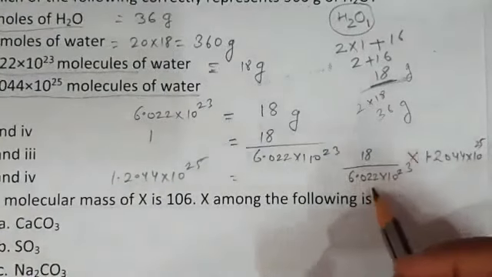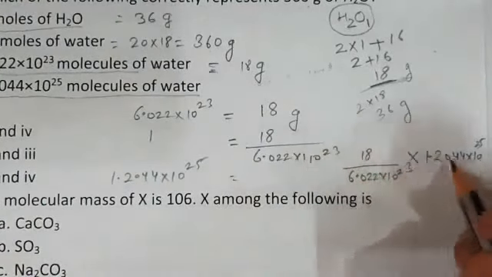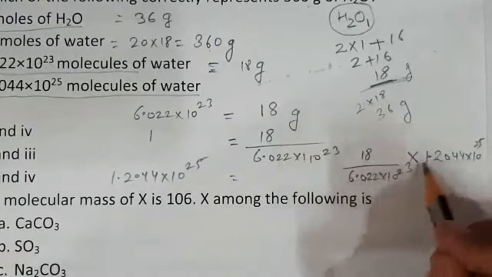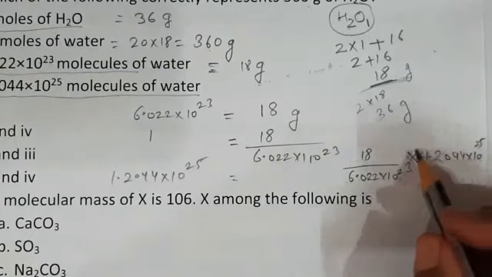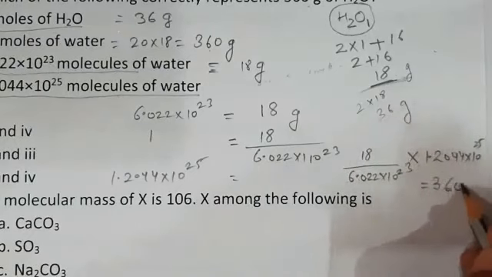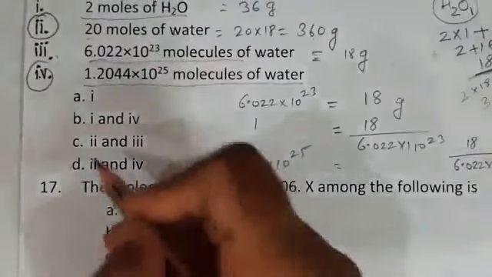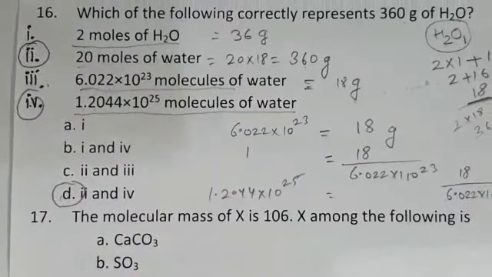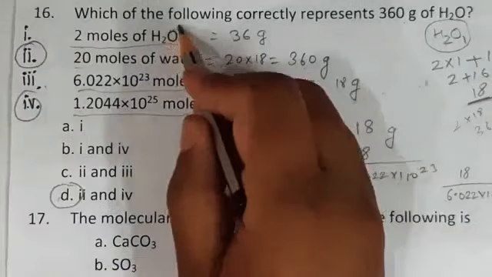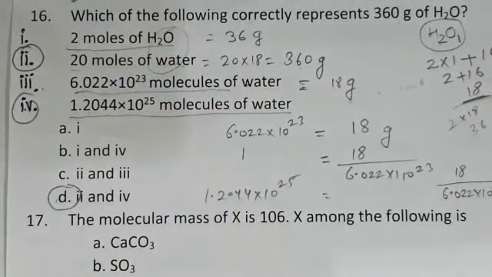Okay, so just try to solve it. You will get the answer as 36 into 10, it will be 360. So second and fourth statements are correct, D option. Or for this question you can apply number of moles is equal to given mass upon molar mass. You can apply this one also.